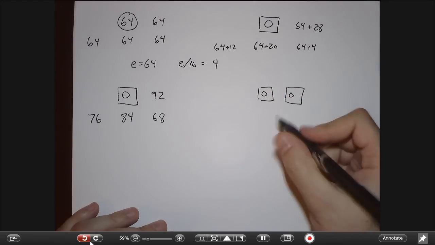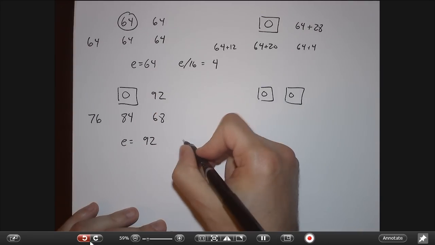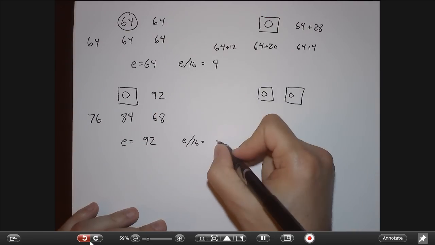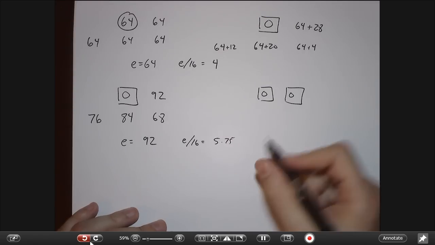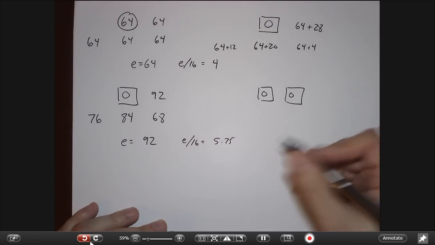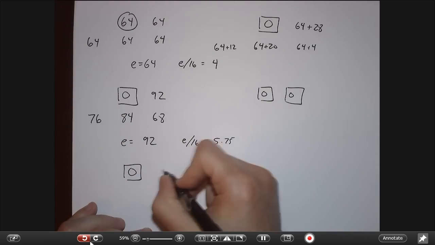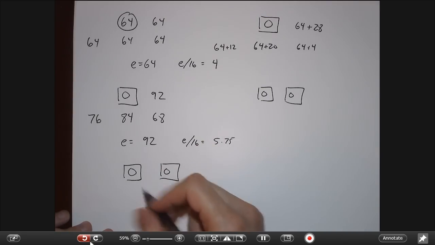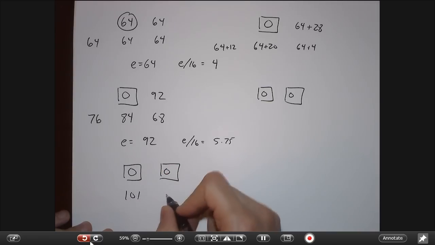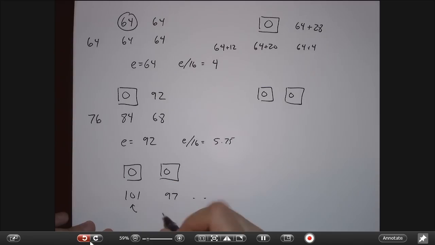Now my error is going to be 92, bigger, right? My error over 16 is going to be something like 5.75. And that means that my new image is going to look like, 0 has been quantized, 0 has been quantized. Now I'm going to add to all my pixels, and this is going to bump up to 101, 97, and so on. And so eventually, this number here is going to bump above 128 by the time I keep on going through this row.